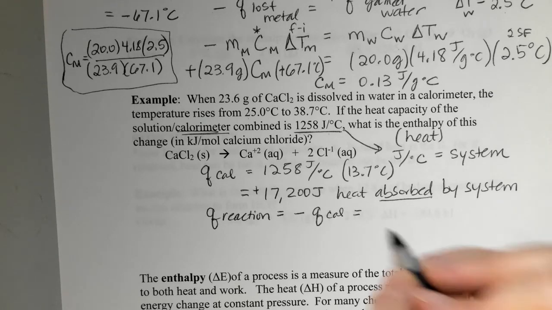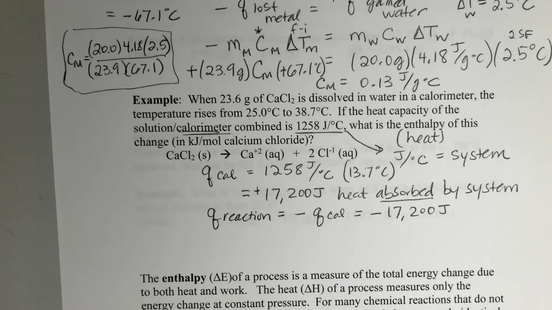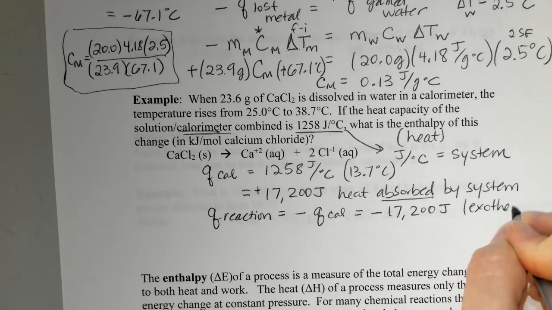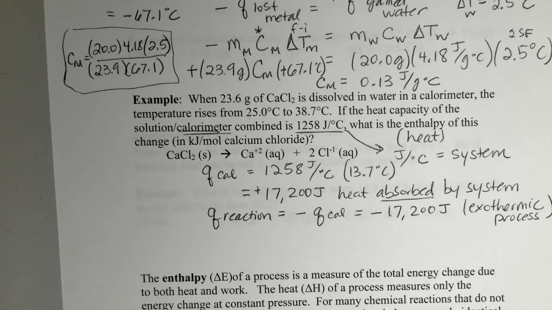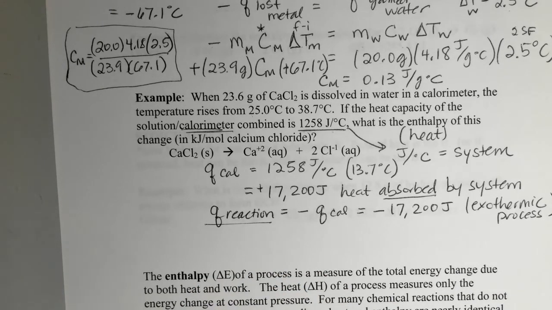That means that this reaction released 17,200 joules. All right, so that negative sign always tells you that it is an exothermic reaction, right? Energy is released to the surroundings. And that would be for the enthalpy of the reaction.